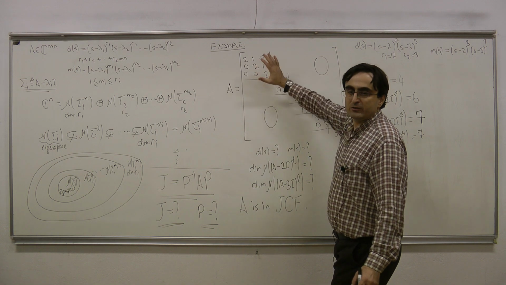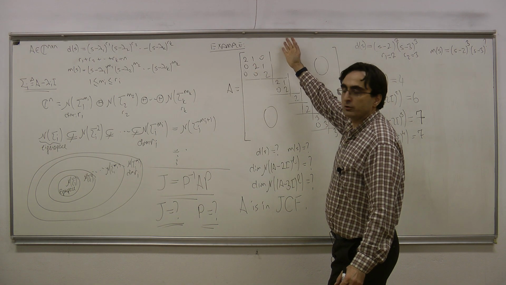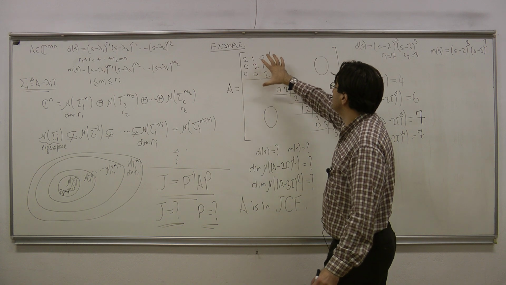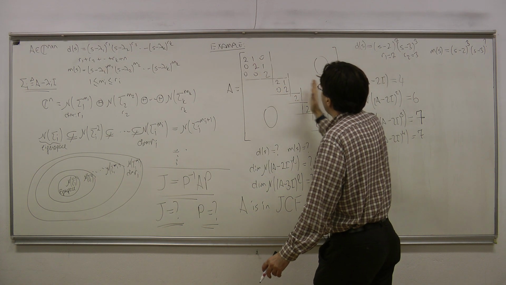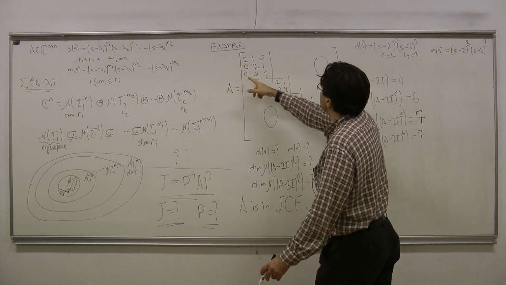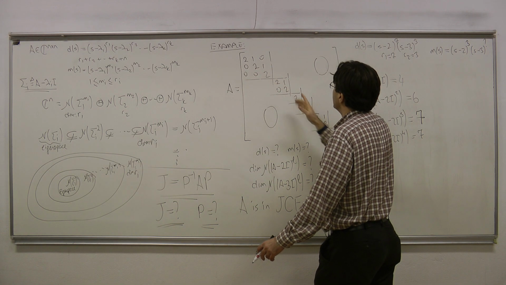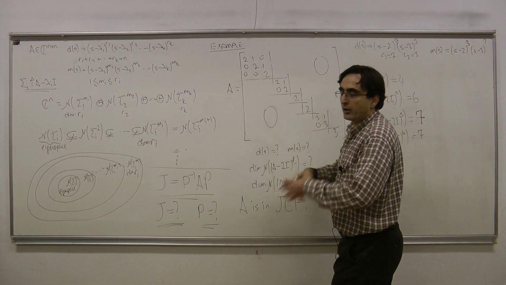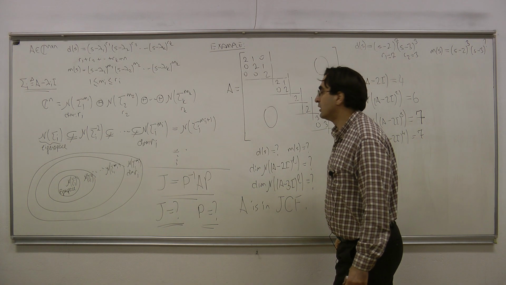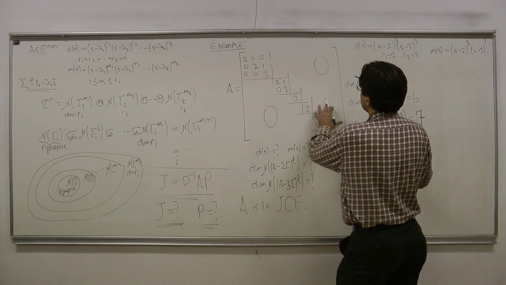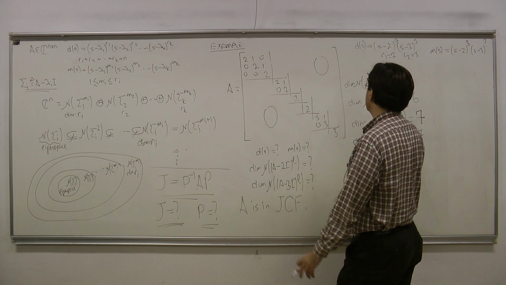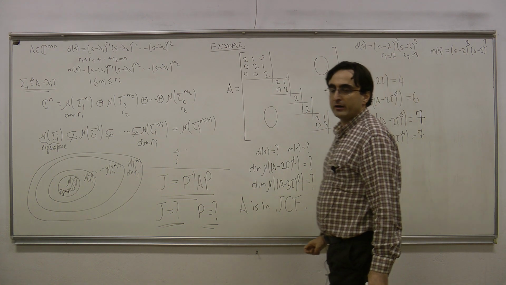Then it really won't matter if I take the 4th power, 5th power, etc. These will remain 0, and all the columns related to the eigenvalue 2 would be equal to 0 for any larger powers. And these parts will not be able to contribute at all when we look at A minus 2 identity.